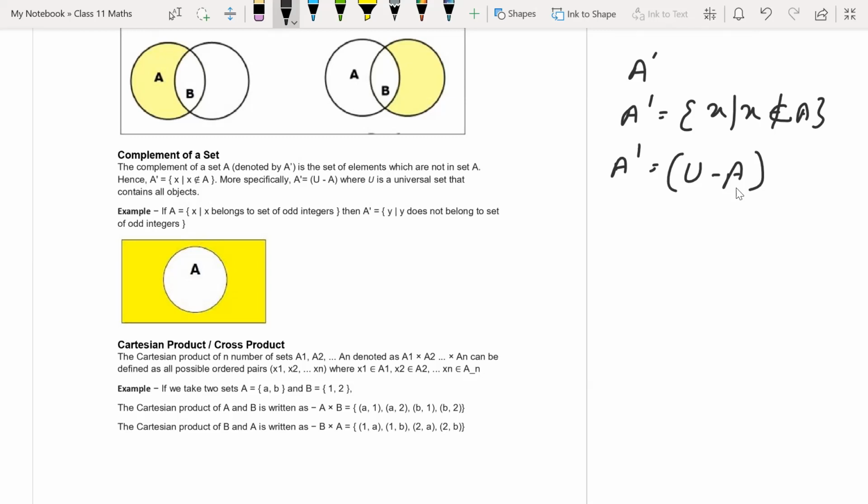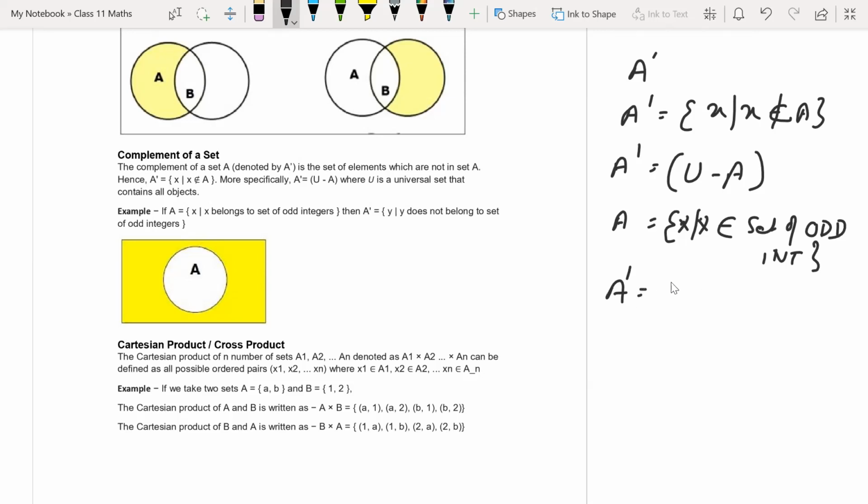So if A belongs to the set of odd integers, like if A is such that elements of A such that X belongs to the set of odd integers. What is the A complement?